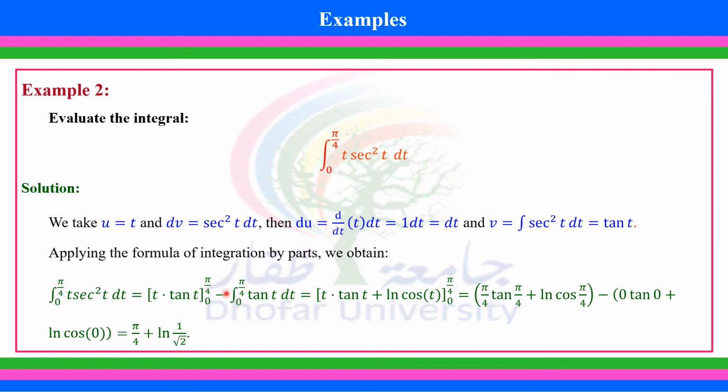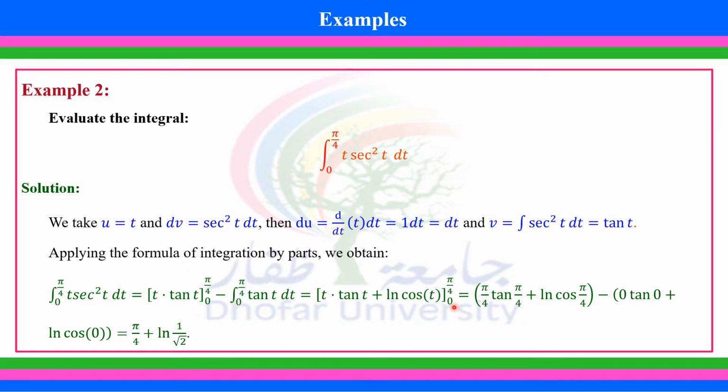Now the integral of tangent t is just minus ln cosine t. So this minus with minus becomes plus. So we obtain t tan t plus ln cosine t for this integral here.